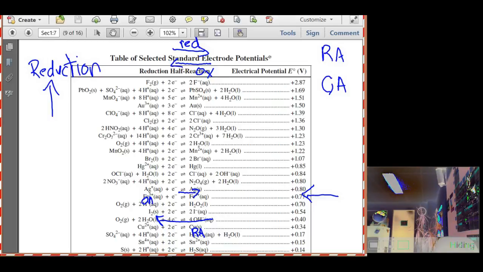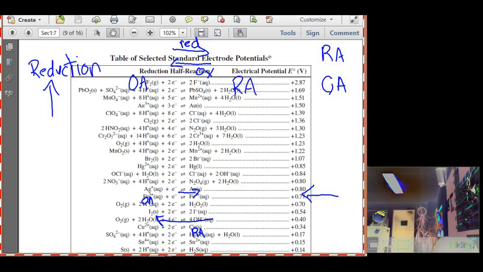Okay, well, we know on the left-hand side of a chemical equation we have OAs, and we know that on the right-hand side we have RAs. So oxidizing agents, they flip? Oxidation is when you read from right to left.